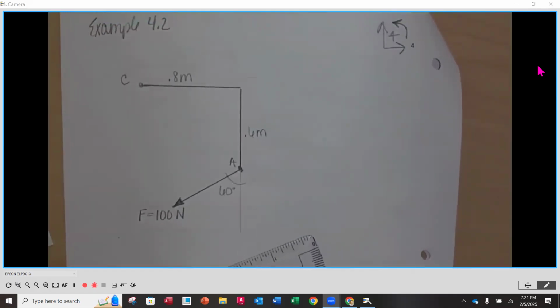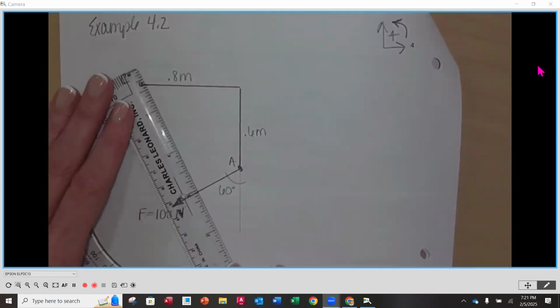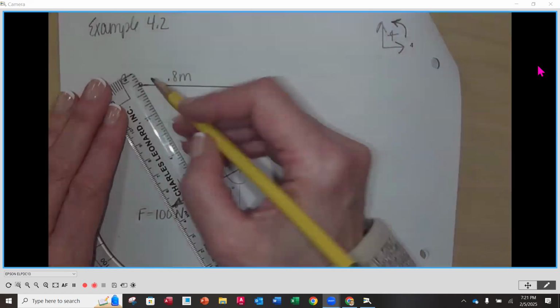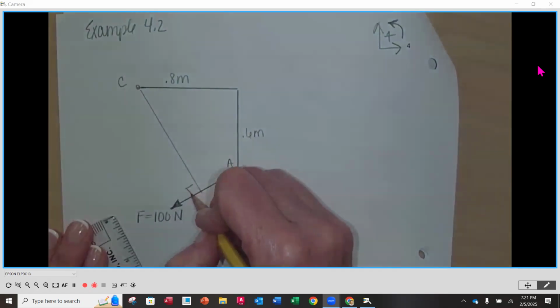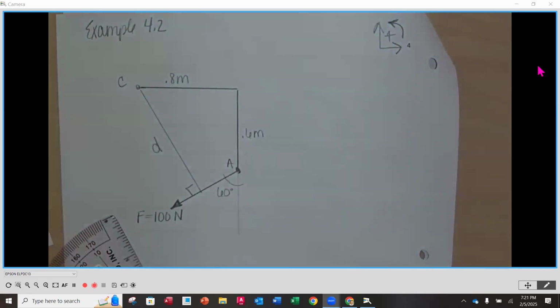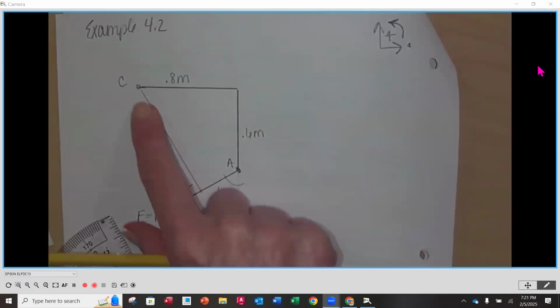Now, using the information we have here, the way they want us to solve this is they want us to go from point C, and find this perpendicular distance D. So we're going to be taking 100 times that distance.